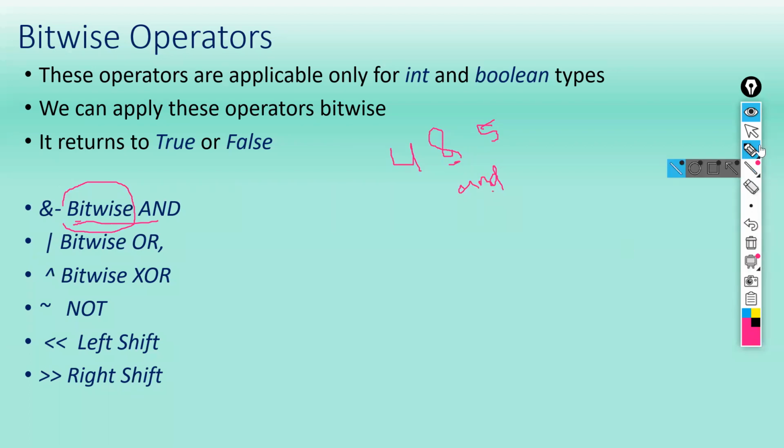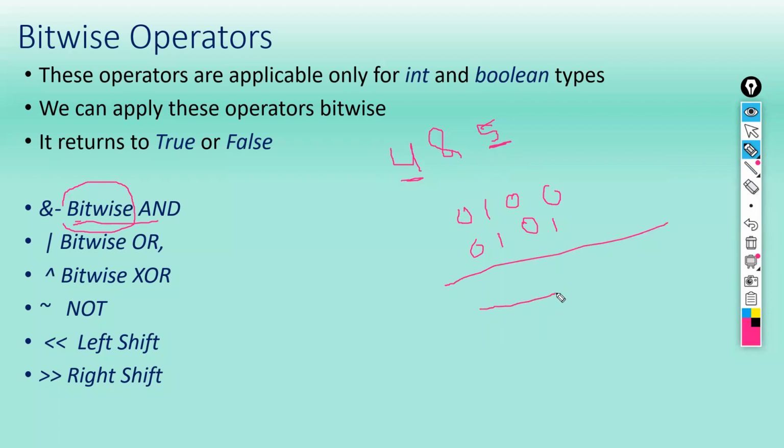Let me print 4 and 5. What is the binary value of 4? It's 1, 0, 0. What is the binary value of 5? It's 1, 0, 1.